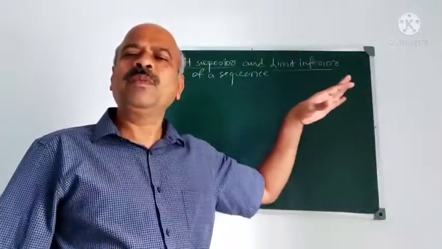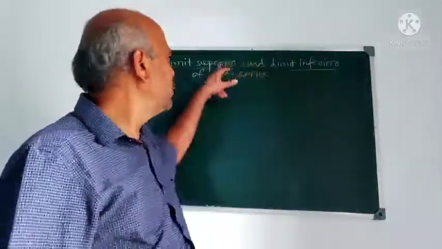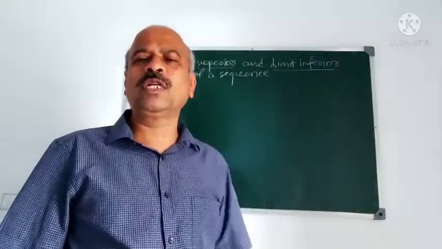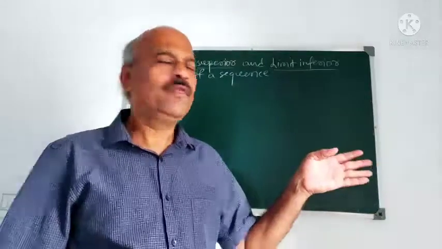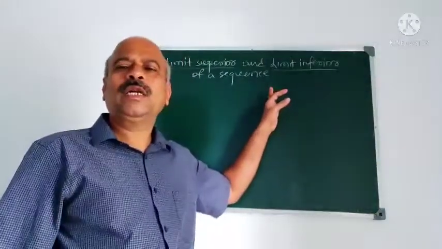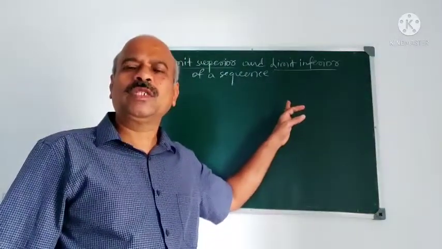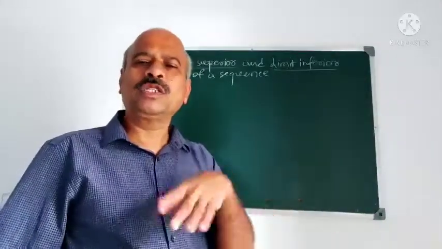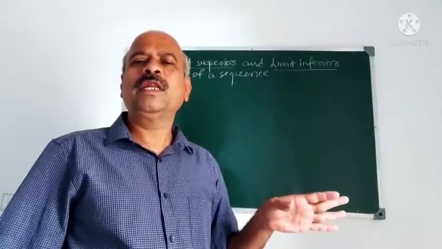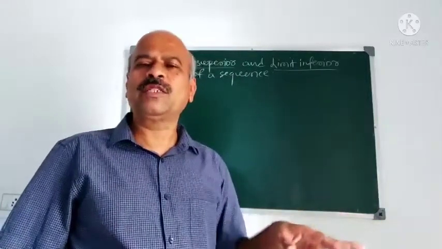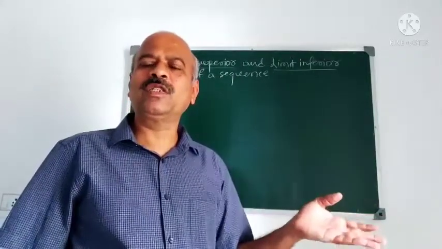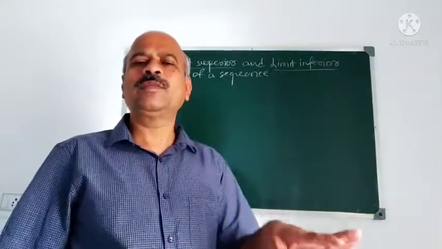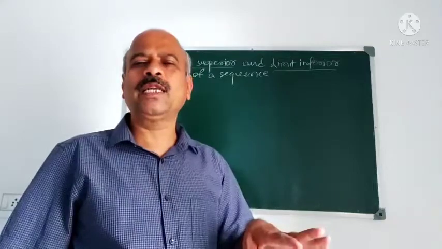Then limit of a sequence will be defined in terms of limit superior and limit inferior. That is one more approach to study the sequences. But I have defined limit of a sequence first, and convergence of the sequence, then algebra of limits, then Cauchy's theorem on limits, then monotonic sequences, subsequences, then what is Cauchy sequence, general principle of convergence, that is Cauchy's criteria.